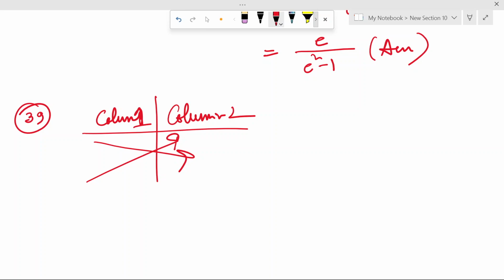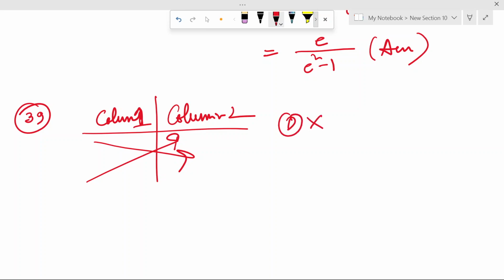Let's first look at option D. It says that visible light can be used for crystal structure determination. This is absolutely wrong because the spacing in crystals is much smaller than the wavelength of visible light, so visible light cannot determine the crystal structure. Option D goes out.